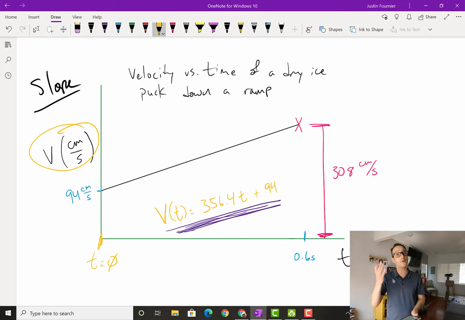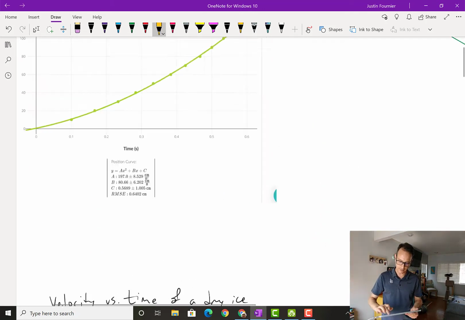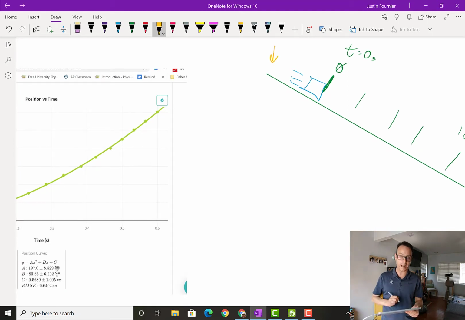Now, even though the puck was dropped at rest back up here, you didn't start collecting data until some time later, when it had already gained some speed. That's why you're getting that 94 centimeters per second, or whatever you got, depending on how you set that up. So yeah, it's the initial velocity of your graph right there.